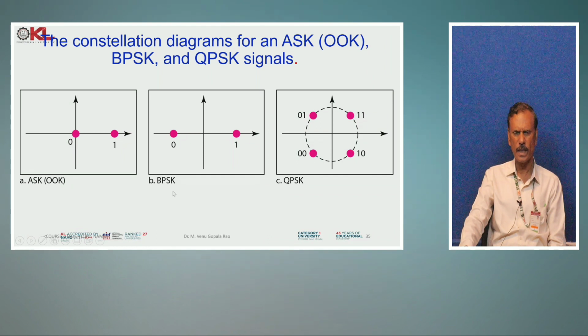Similarly, BPSK is the opposite, with a 180 degree phase shift, so it is a 1 and minus, where 0 stands for the 180 degree phase shift. Similarly, QPSK has 4 phases: 45 and 135 degrees positive, and combined with negative, minus 45 and minus 135. This is the quadrature phase shift keying constellation diagram.